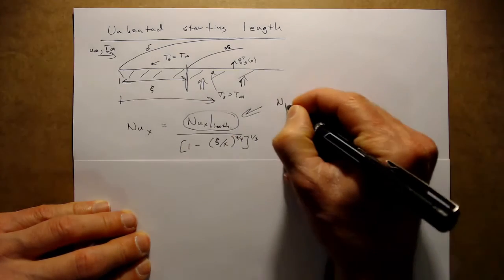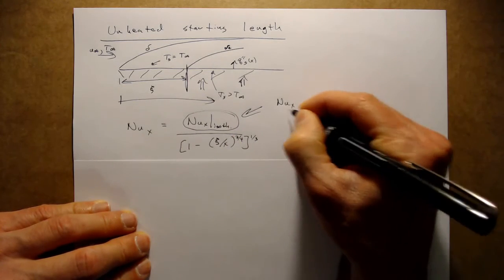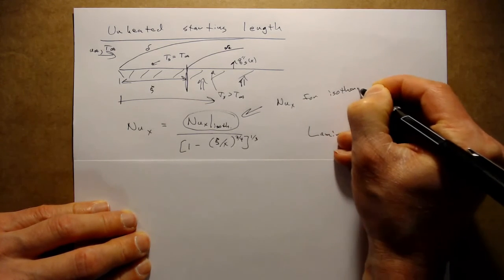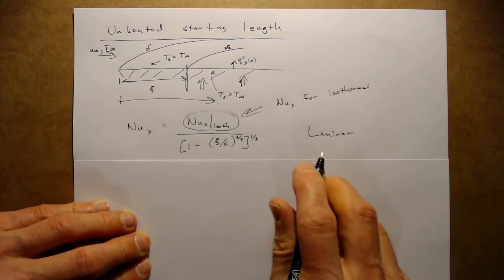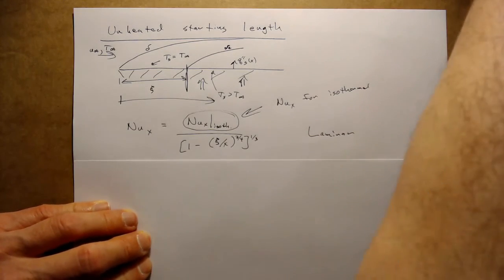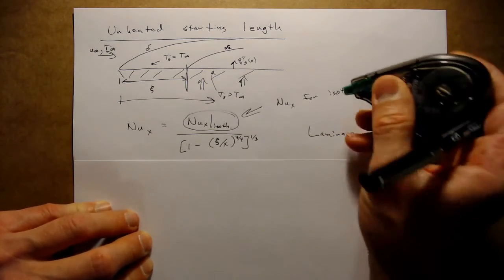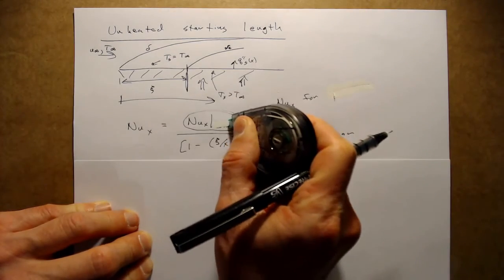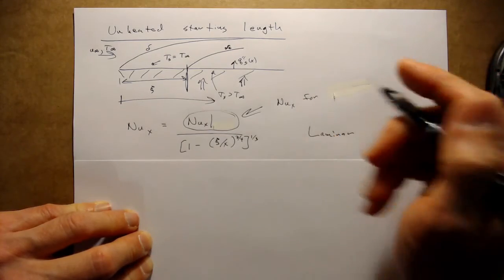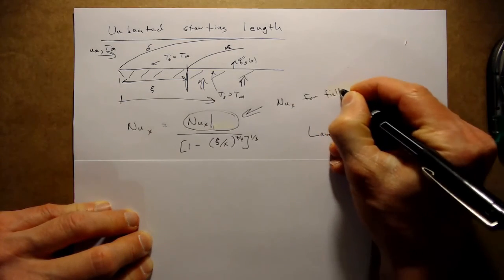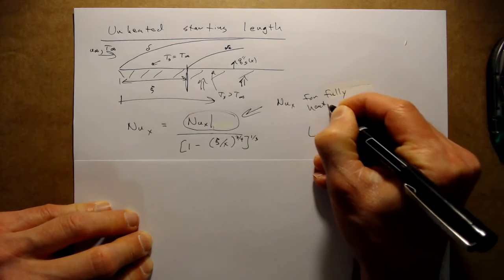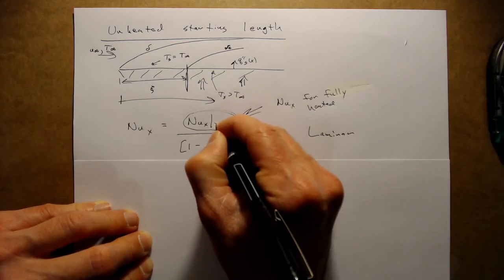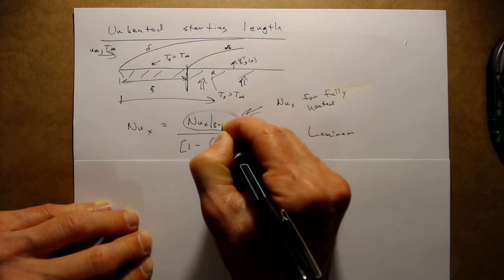This is the Nusselt number with the length scale of x for the isothermal plate. Let's say for the fully heated case, we'll designate that as a xi value of 0.